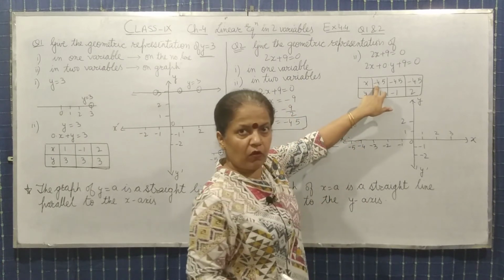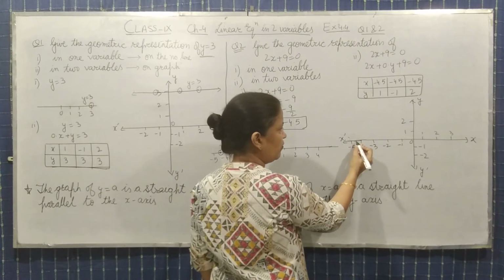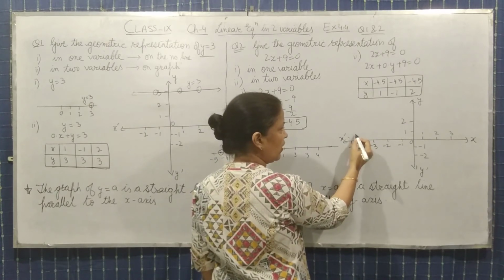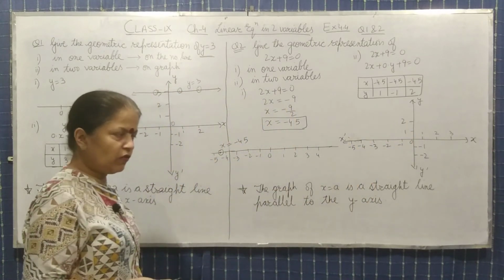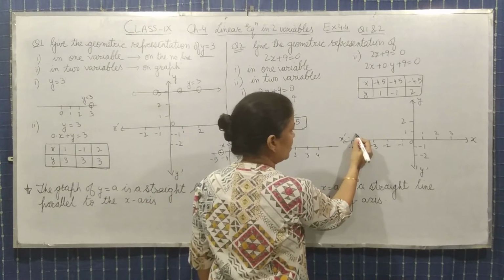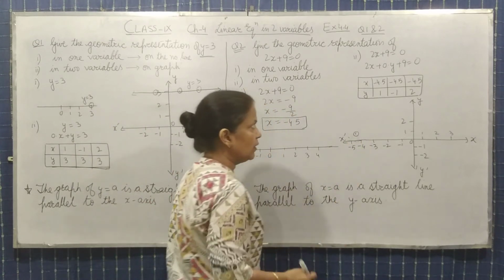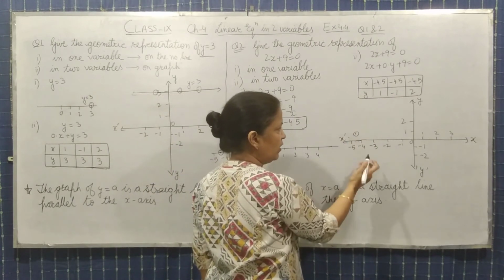X is minus 4.5 and y is 1. So you will get a point somewhere here. Next, x minus 4.5 and y is minus 1.